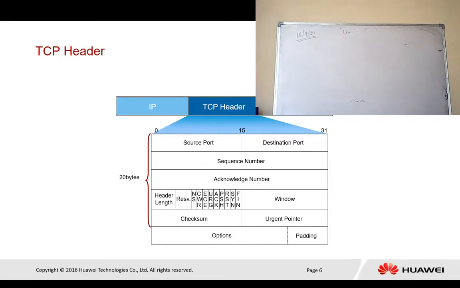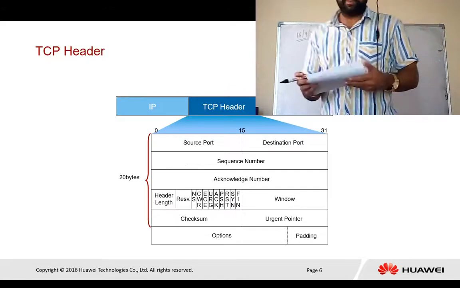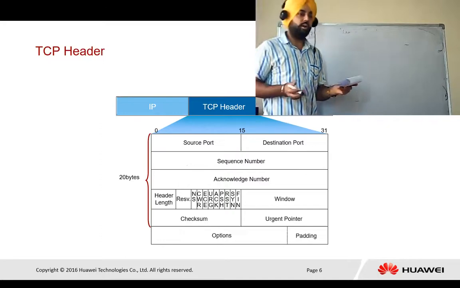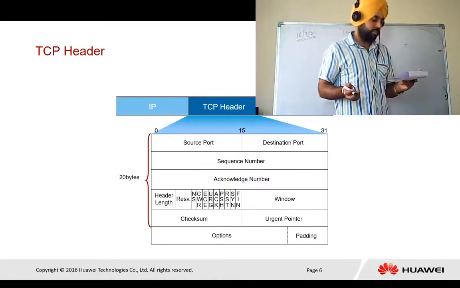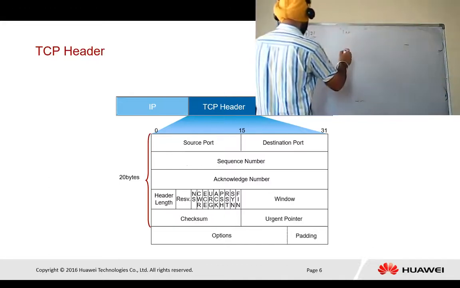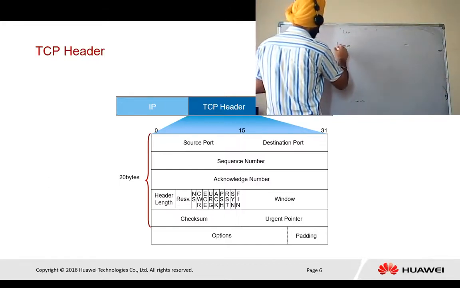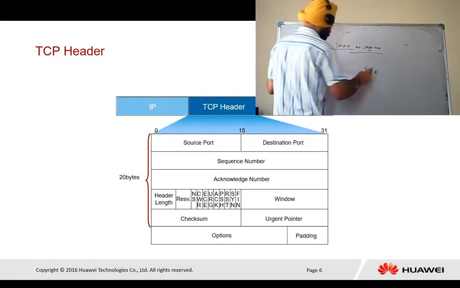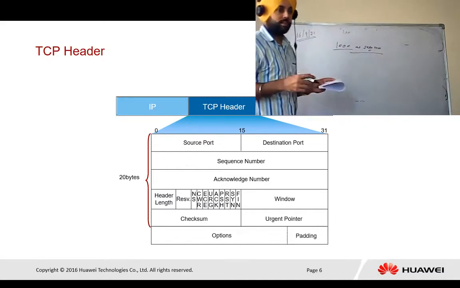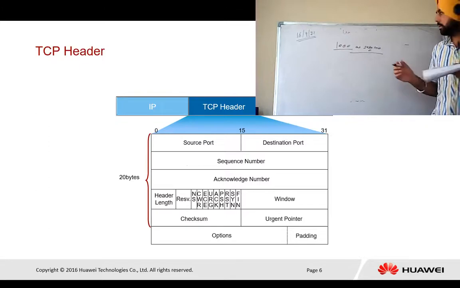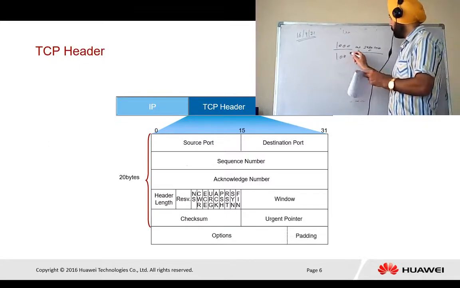And after that, the acknowledgement number is for maintaining the connection, for a reliable connection. Suppose you are sending 1000 as a sequence number, and then the acknowledgement number is 1001.